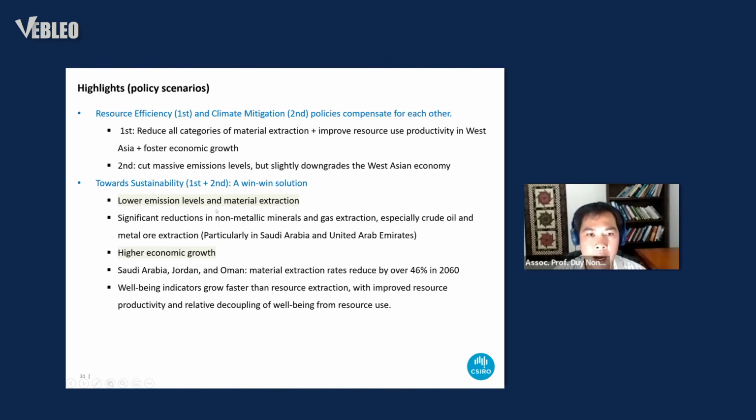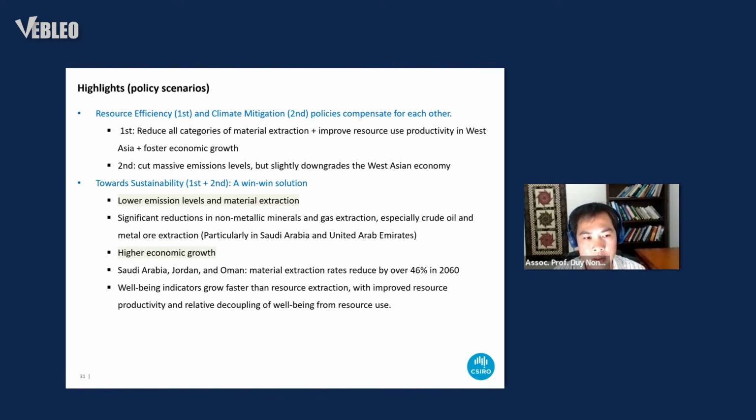And so when we combine the two policy packages together and implement them in the region as a sustainability scenario, we come up with a win-win solution. Thus, we will have lower emission levels and material extraction, and we also experience a higher economic growth rate.